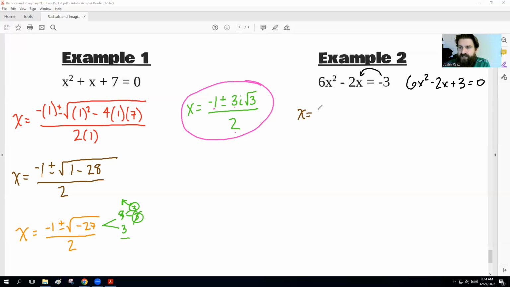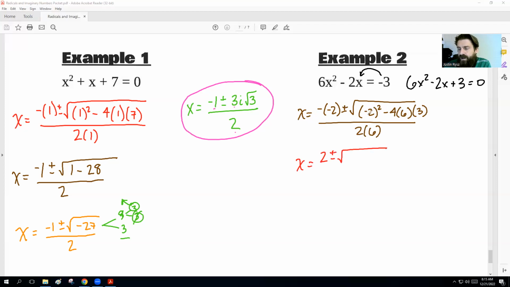We got x equals negative, our b is negative 2, plus or minus the square root of b squared, or negative 2 squared, minus 4 times a is 6, c is positive 3, all over 2 times a is 6. All righty, so negative times negative 2 is a positive 2.